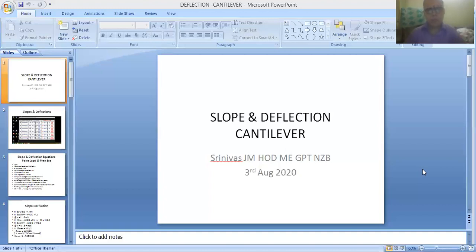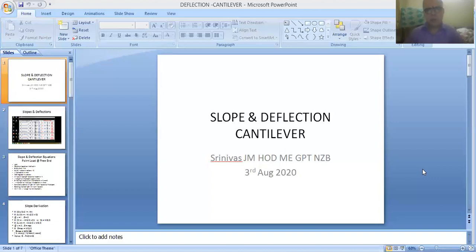So friends, we have to be careful with notations and units of point loads as well as uniformly distributed loads. As I have already told you, point loads are denoted by capital W, expressed in newtons. And similarly, uniformly distributed loads are denoted by small w and expressed in Newton per millimeter.